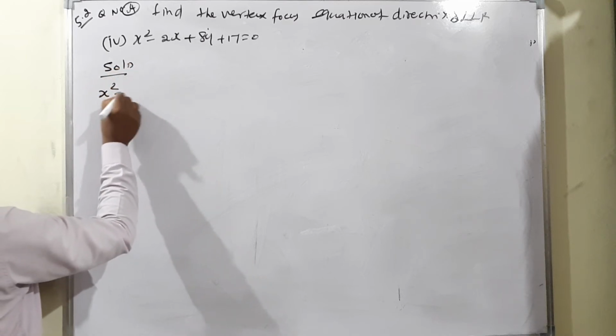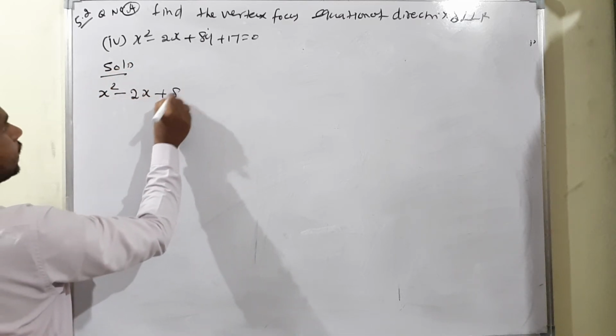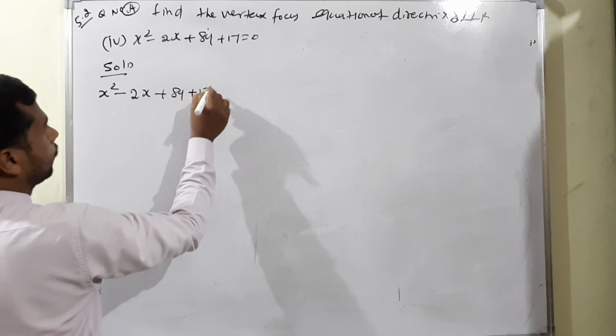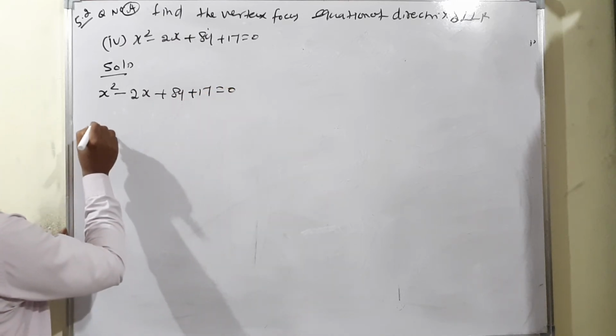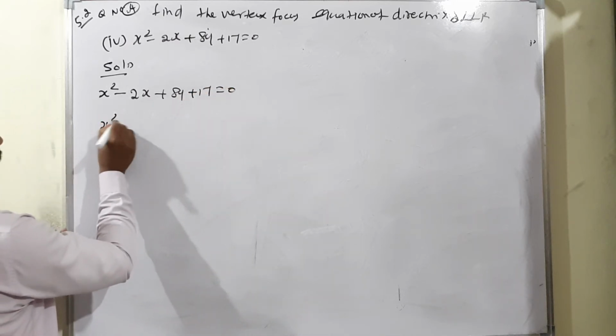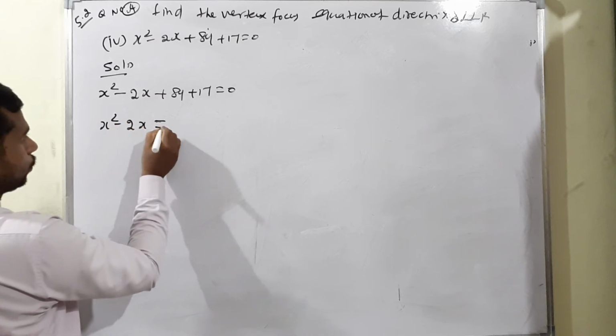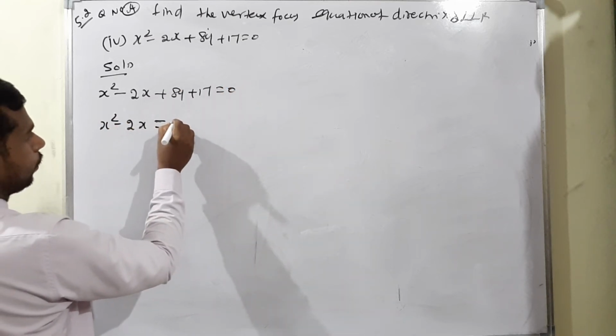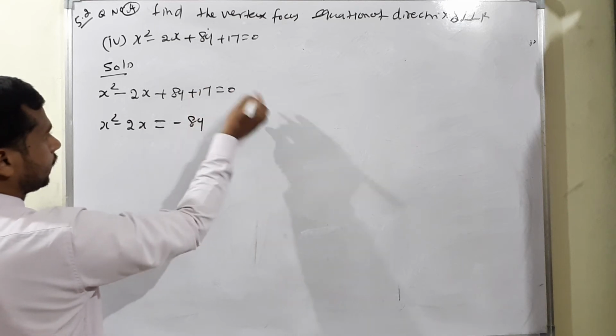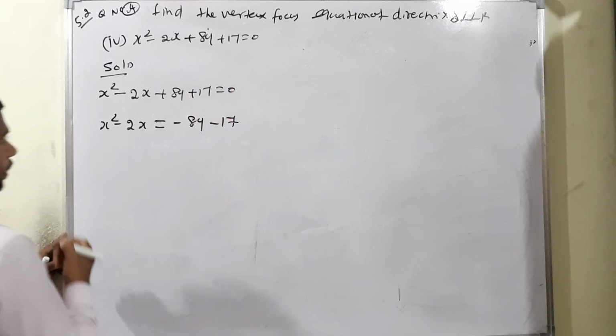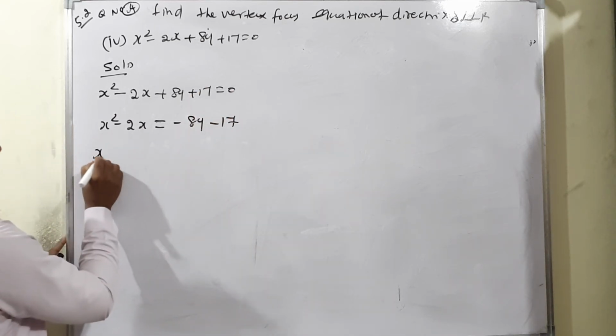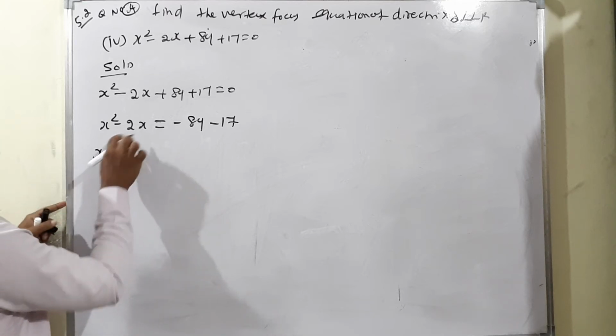Given x square minus 2x plus 8y plus 17 is equal to 0. So grouping the x family on one side: x square minus 2x. The y family, plus 8y, bring to the opposite side means minus 8y, plus 17 bring to the opposite side means minus 17. Again completing the square form. So x minus half of 2 means 1 will come.